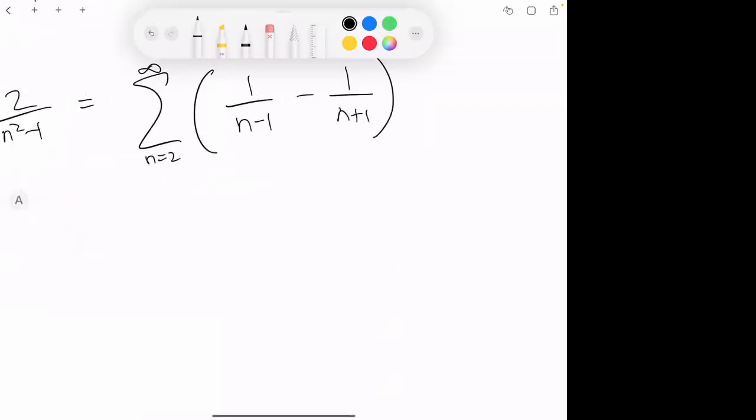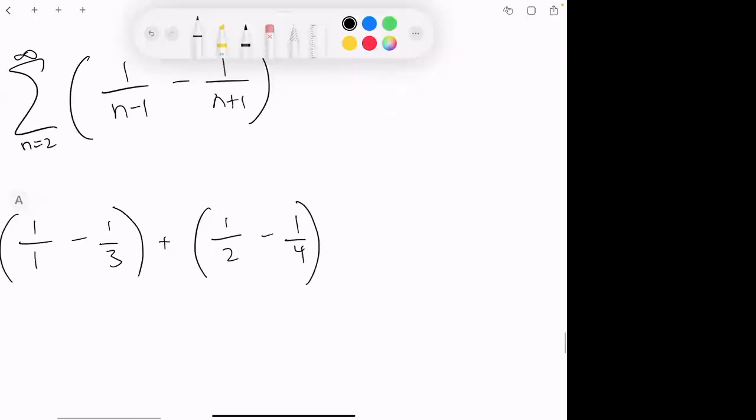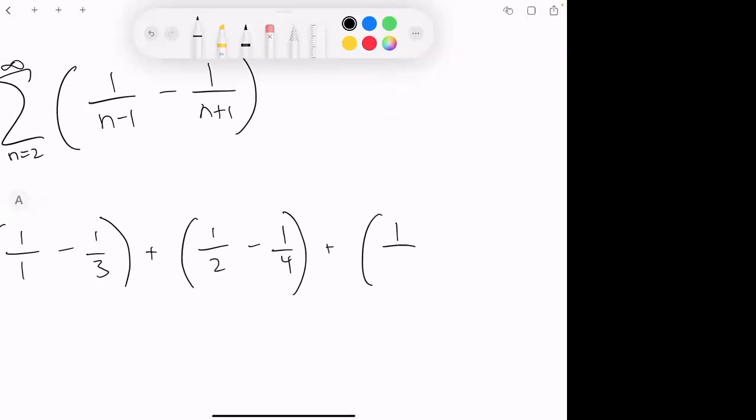Okay. So first one, n equals 2 would be 1 over 1 minus 1/3. 1 over 2 minus 1/4. 1 over 3 minus 1/5.